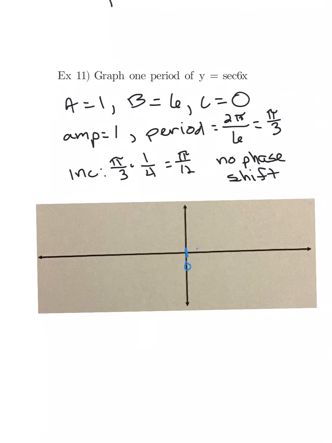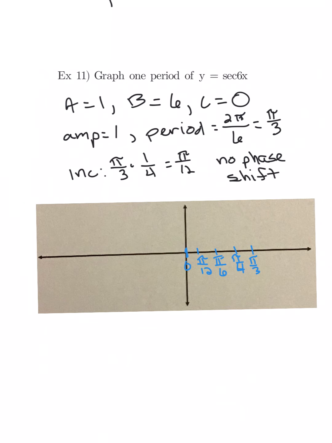So add pi over 12, you're going to be at pi over 12. Pi over 12 plus pi over 12 puts you at 2 pi over 12, which is pi over 6. 2 pi over 12 plus pi over 12 puts you at 3 pi over 12, which is pi over 4. 3 pi over 12 plus pi over 12 puts you at 4 pi over 12, which is pi over 3. And we have our total of 5 marks, so we are done with our horizontal labels.